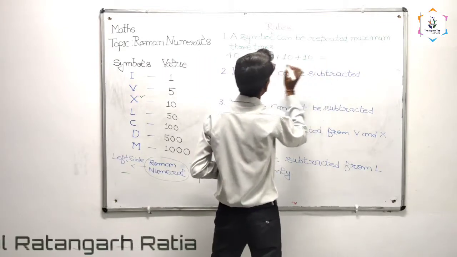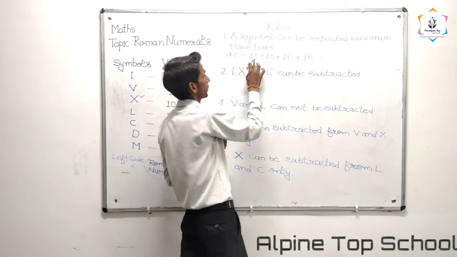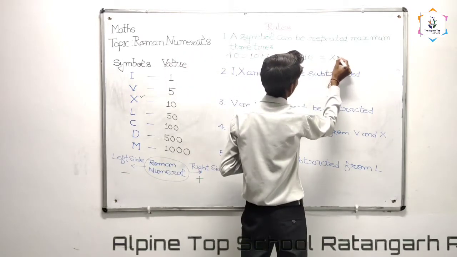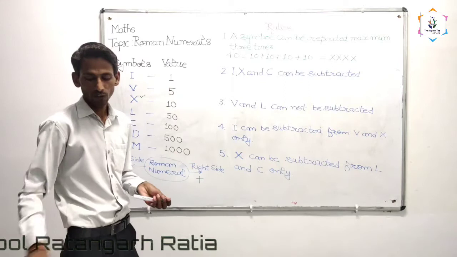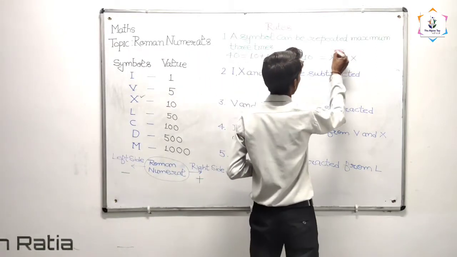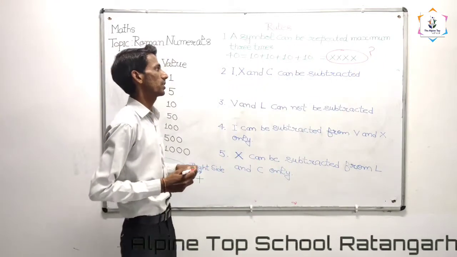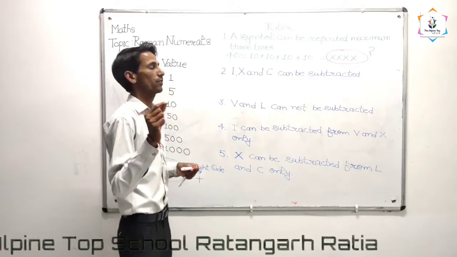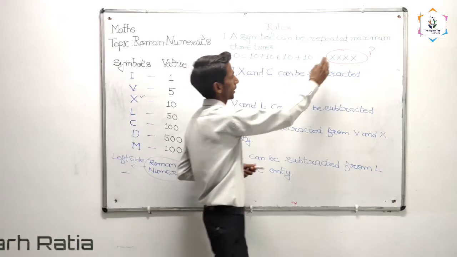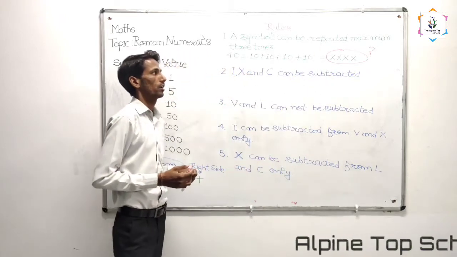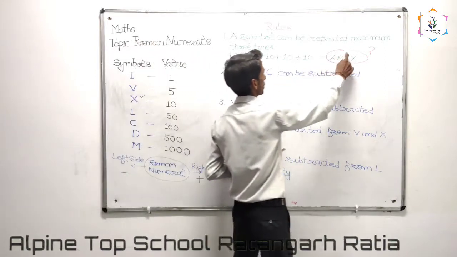Obviously for 40 I am using 10 four times in the form of repetition. It means 40 I can write XXXX. But dear students, you know, for 40 this is not accurate, this is not logical, because you have repeated X, which is the specific Roman numeral symbol for 10, 4 times. But according to the Roman numeral system, we can repeat any Roman numeral maximum 3 times. It means it is wrong.